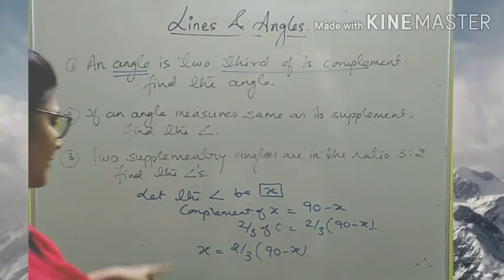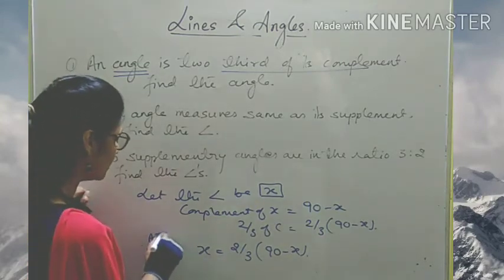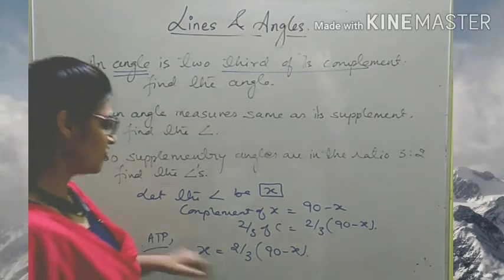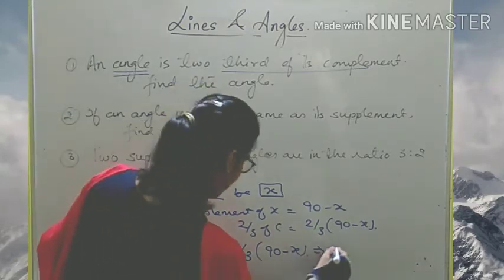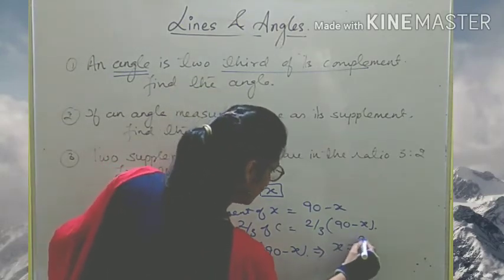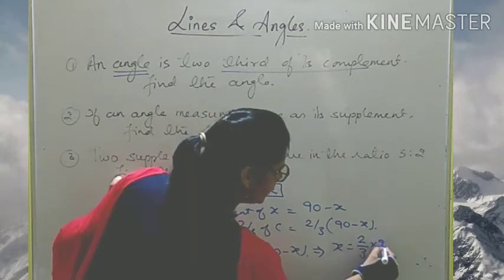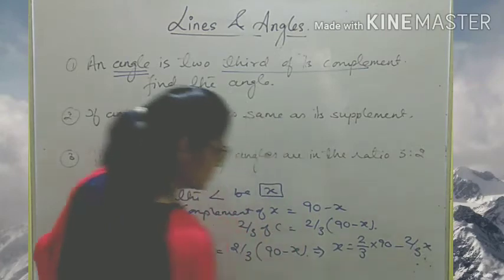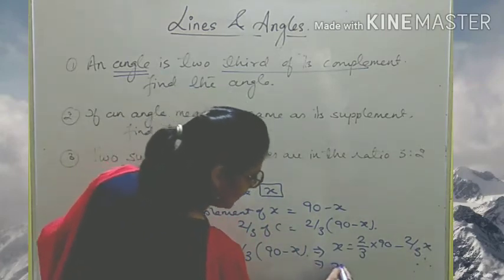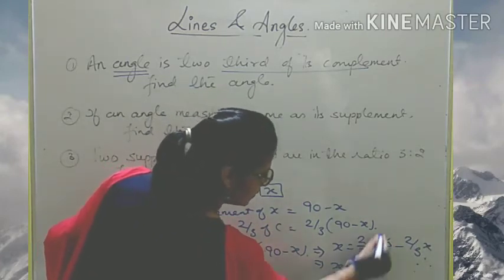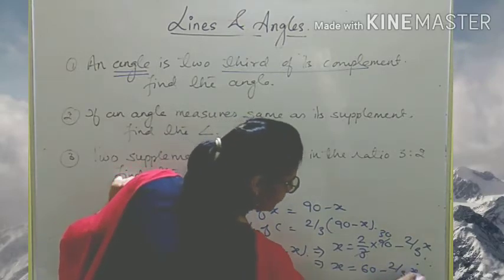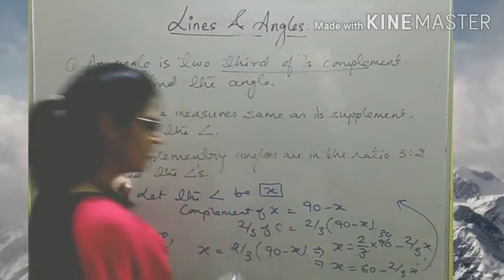And we have to find this. To find x, we have to solve this: 2/3 into 90, minus 2 by 3x. So what will we get? x is equal to 60 minus 2 by 3x.